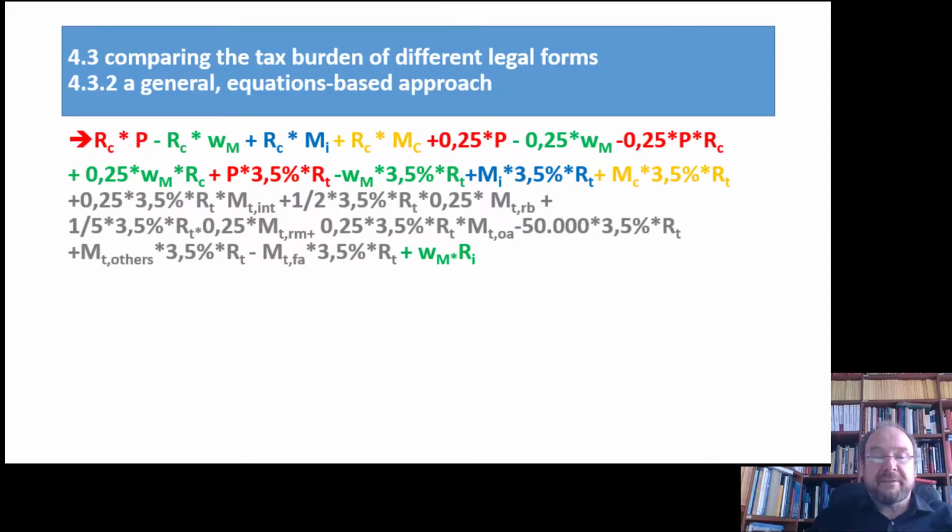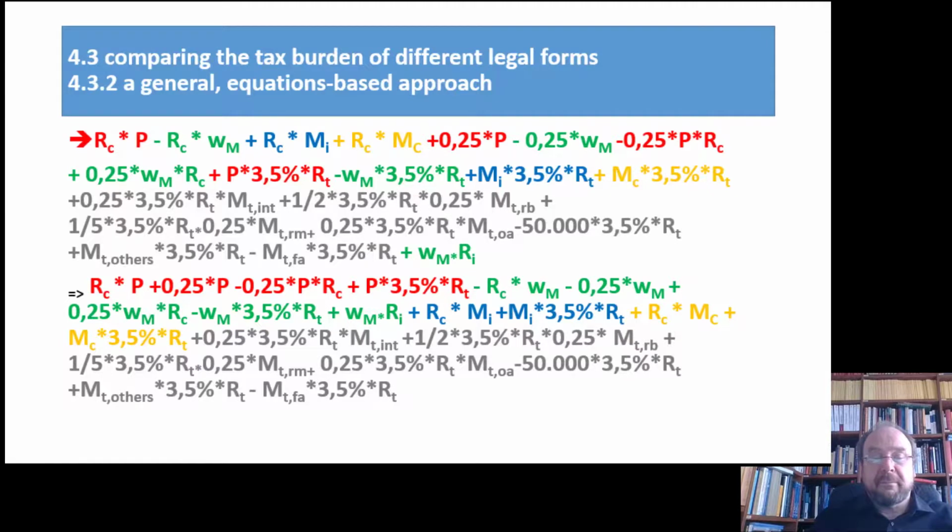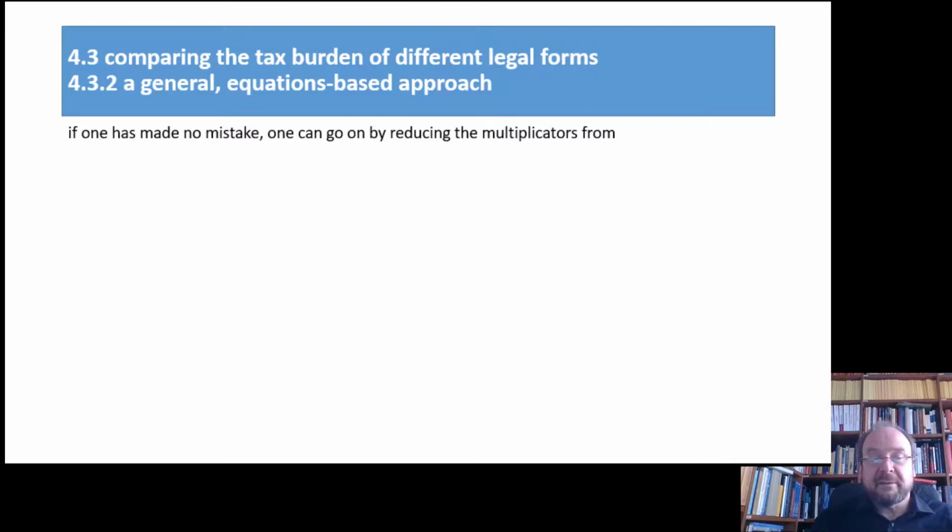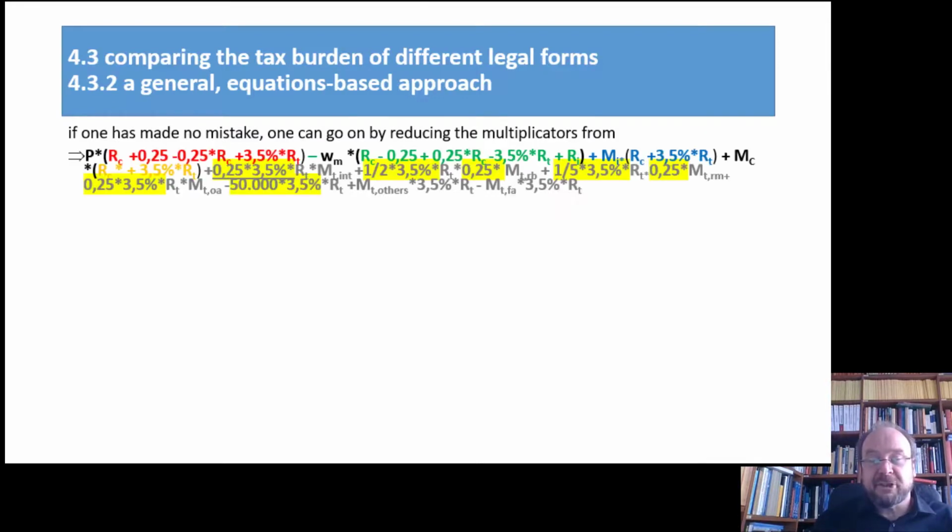Now you might rearrange them. That is, just change the order here, and then we might form some brackets again. So if we have made no mistake until now, and we most probably have overlooked something, that's fate. So you always have to properly check that.